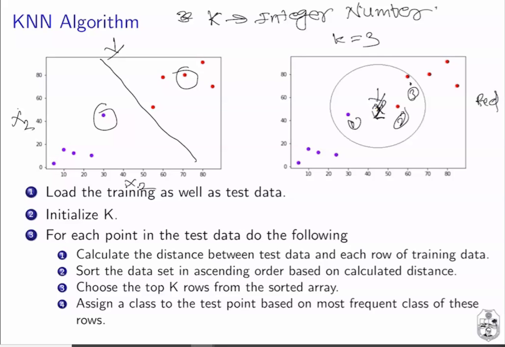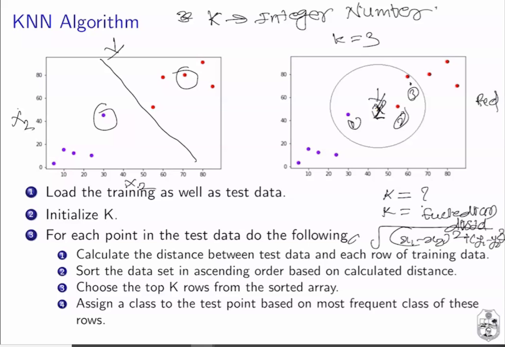In this k nearest algorithm, you need two things. One is that you need to decide the value of k, and you need a function to identify the nearest data observations. For that, you can use a distance formula like Euclidean distance. The Euclidean distance formula is the square root of (x1 minus x2) whole squared plus (y1 minus y2) whole squared.